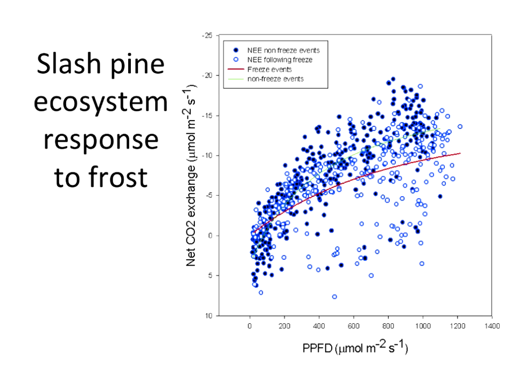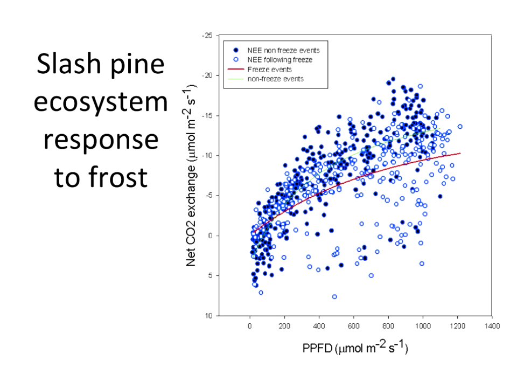Here's another example in a southern pine. These data show rates of carbon fixation of an entire slash pine stand. This is net CO₂ exchange on the y-axis, measured with a technique called eddy covariance, which allows us to basically measure photosynthesis of an entire ecosystem.